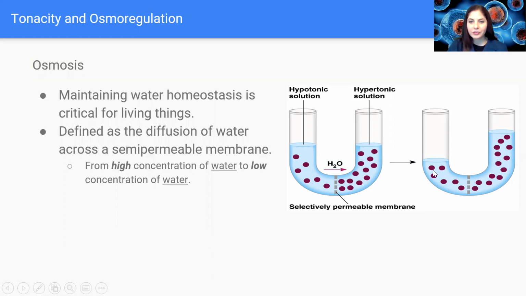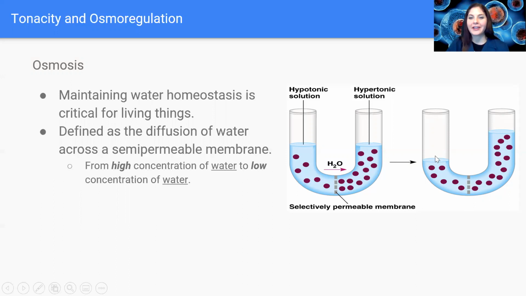So water flows from this hypotonic solution, and the way I always remember it and teach my students is hypo is low and it blows. So it's blowing the water out. Now the other side is hypertonic. Hyper is high and it sucks.